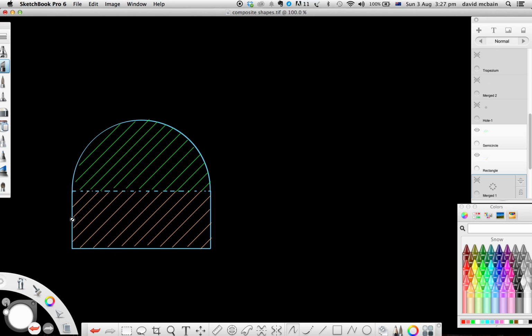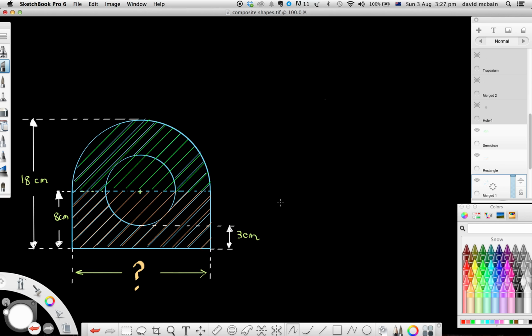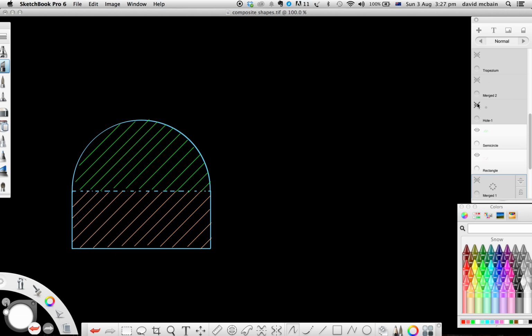So far we've got the area of the rectangle and an area of a semicircle. But in the middle, if you remember, there was a hole. There's our hole, which was also another circle.